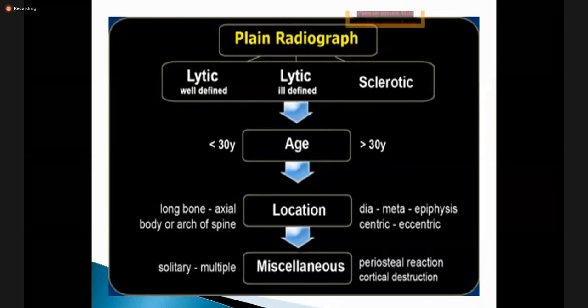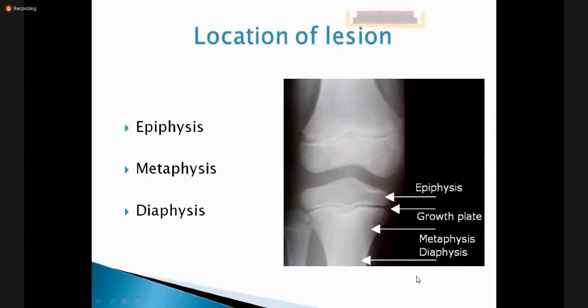When it is in the medullary cavity, we use the word central or intramedullary, and when it involves the cortex or the lateral aspect of the medullary cavity, we use the term eccentric, meaning not in the center. Then the lesion is solitary or multiple. Is there any periosteal reaction, cortical dissection, or soft tissue involvement?